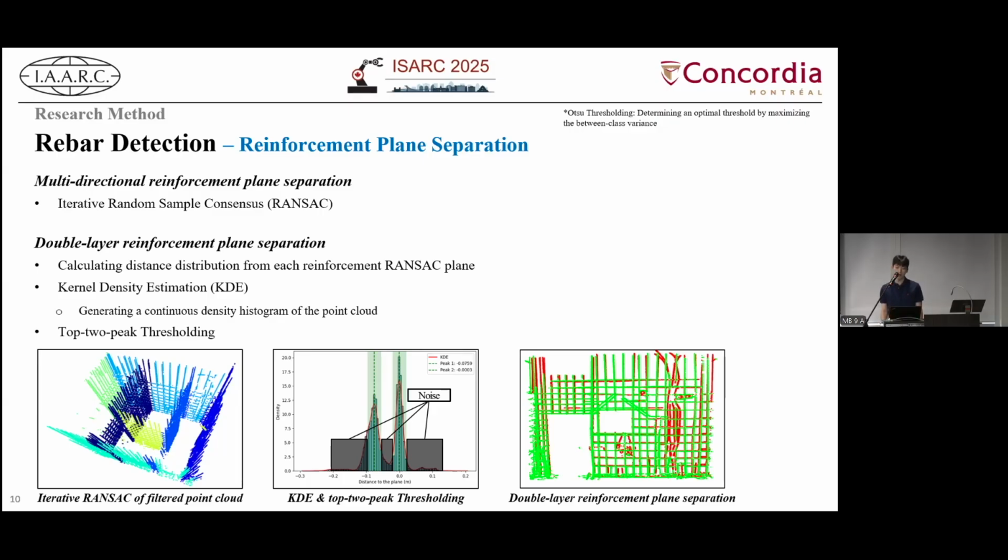And one plane has 2 layers, so to split them, we calculate the distance between every point and its fitted plane and apply kernel density estimation to generate a continuous density histogram and locate the 2 dominant peaks, as in the middle illustration. The points near the peaks are then grouped into respective planes, as on the right in the illustrations.